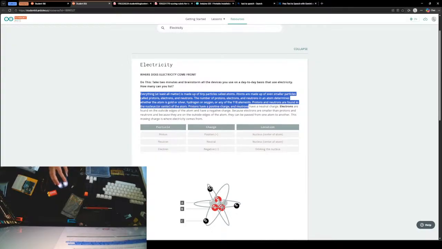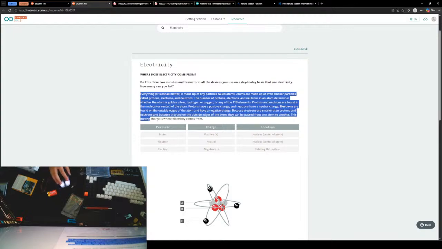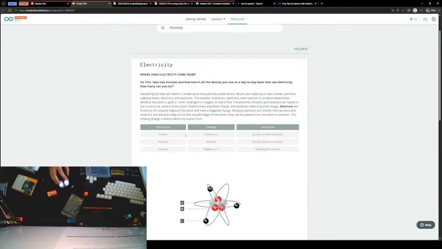Protons have a positive charge and neutrons have a neutral charge. Electrons, found on the outside edges of an atom, have a negative charge. Because electrons are smaller than protons and neutrons, and because they are on the outside edges of the atom, they can be passed from one atom to another. This moving charge is where electricity comes from.